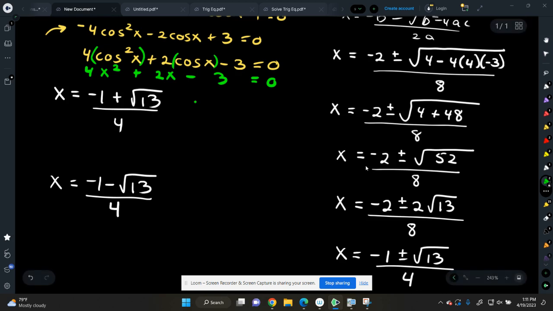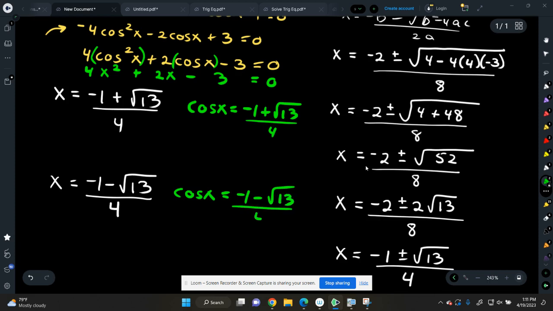So in reality, cosine x is equal to -1 plus the square root of 13 over 4. And cosine x is equal to -1 minus the square root of 13 over 4. So when we did the quadratic formula, we were actually solving for cosine x, not x.